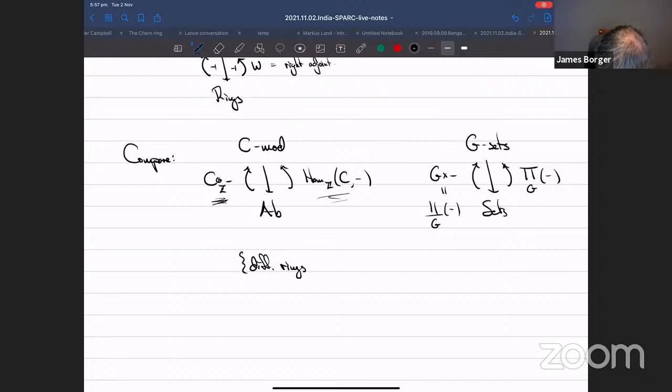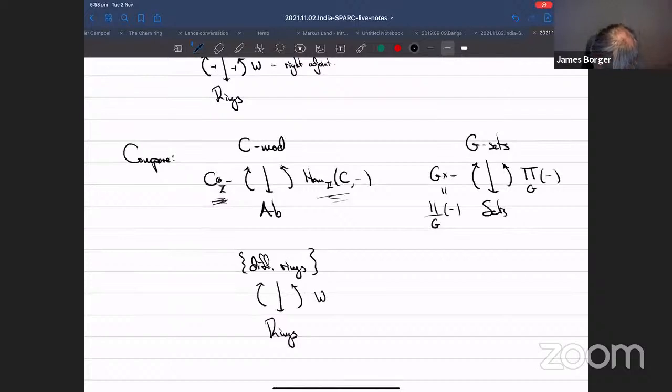By a differential ring, I mean a ring equipped with a derivation in the usual sense. There's a forgetful functor from differential rings to rings, and this will also have a left adjoint and a right adjoint. It's not that hard to say what they are, but it takes a few more words than in the case of modules and G-sets that I just discussed.